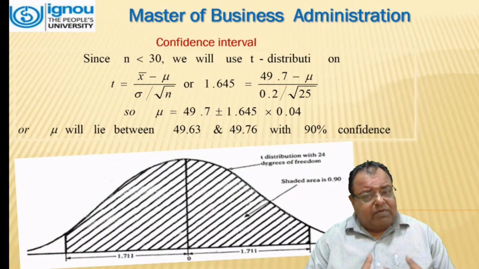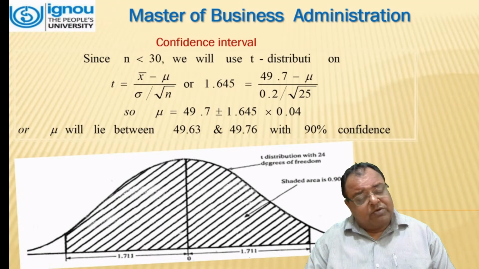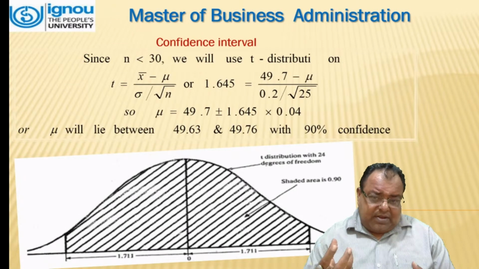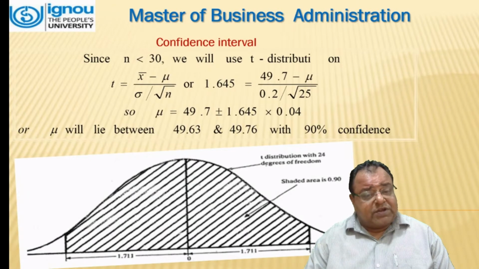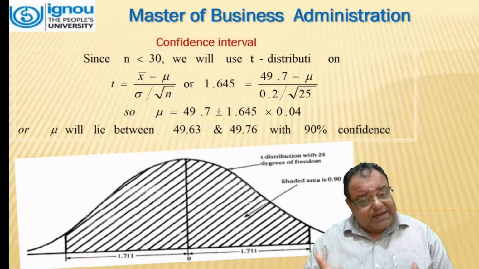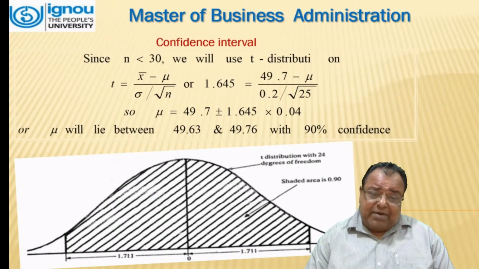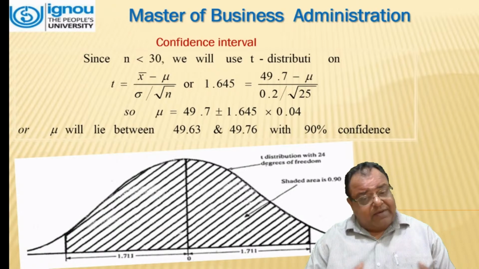When we evaluate it, we get mu equal to 49.7 plus or minus 1.645 into 0.04. Two individual values will be there. The first one will be 49.63 and the second one will be 49.76. That means mu will lie between 49.63 and 49.76 with 90% confidence.